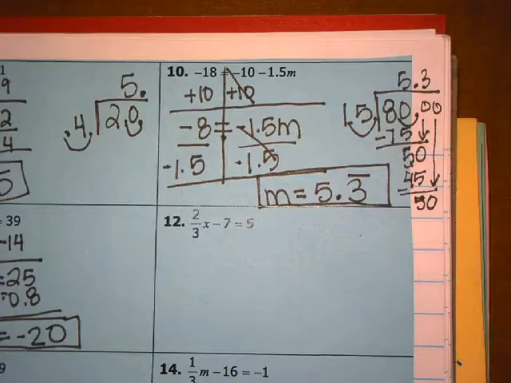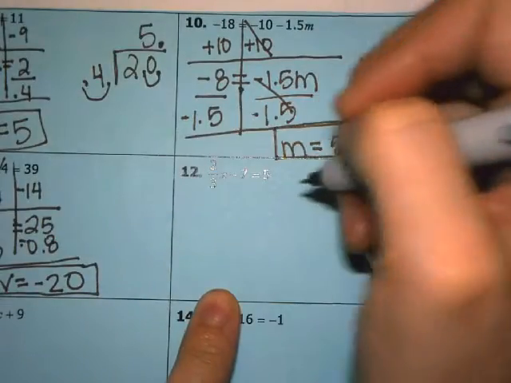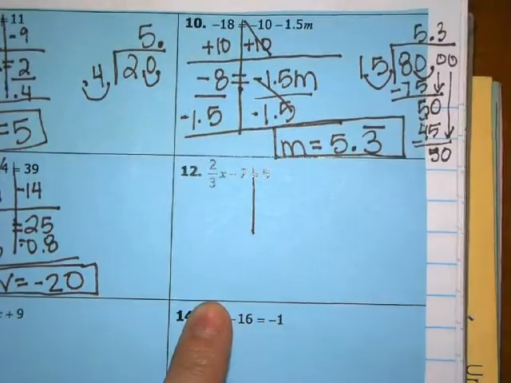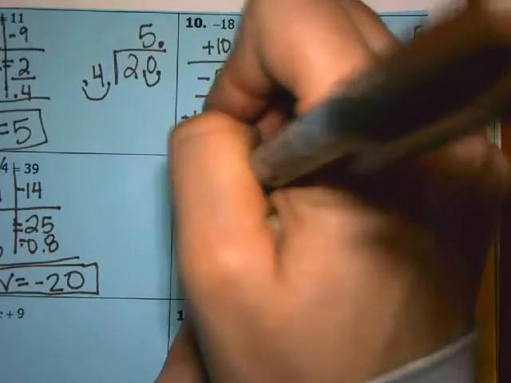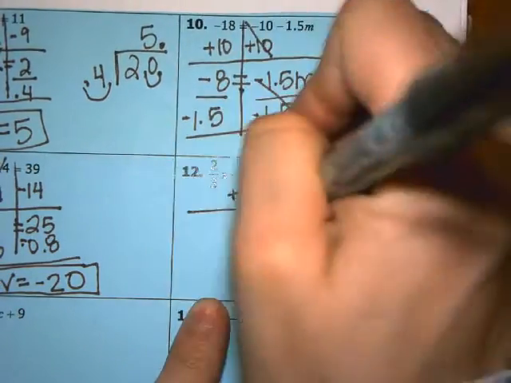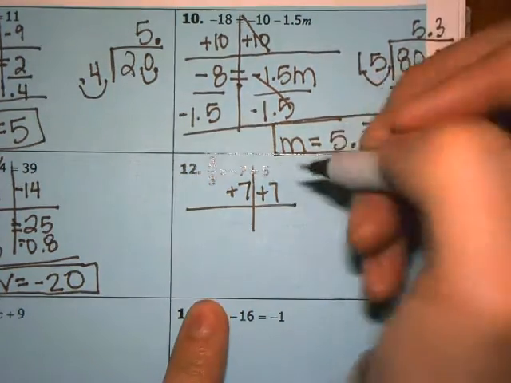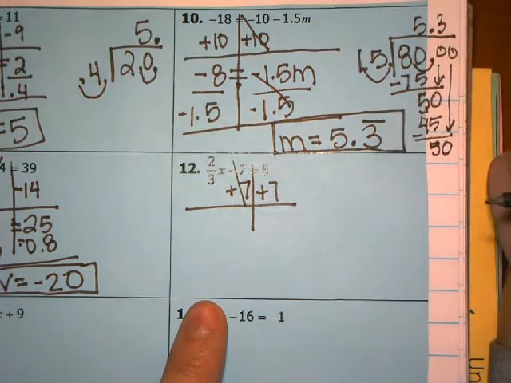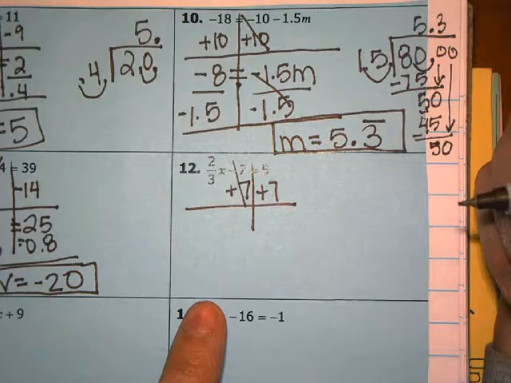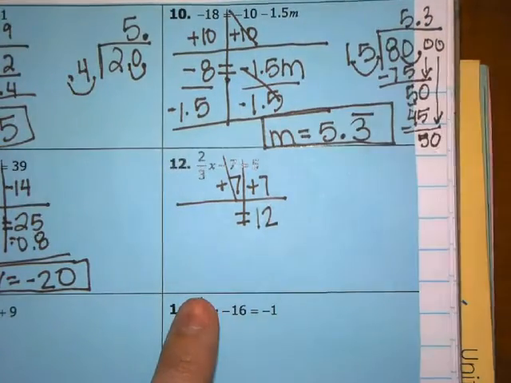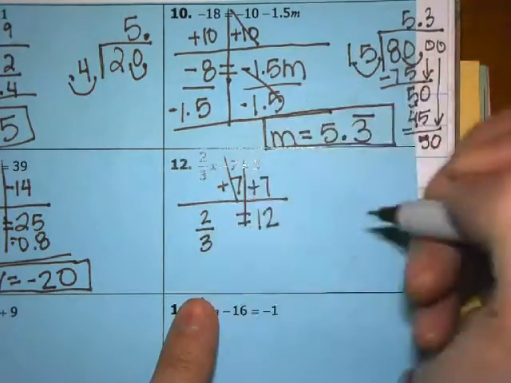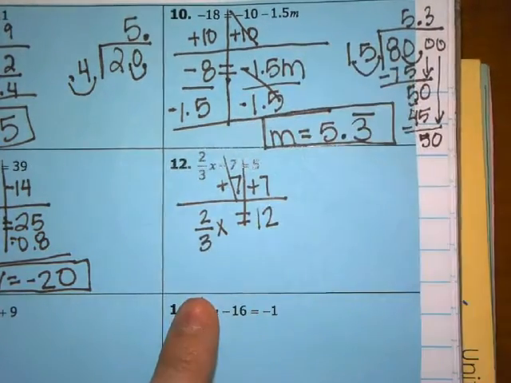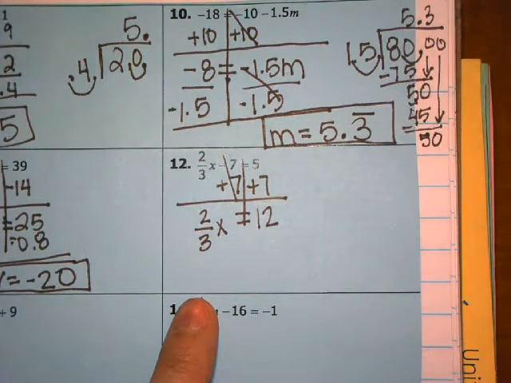So, what do I do first on number 12? So what do I get after I add 7 to both sides? Very good. What do I do now?